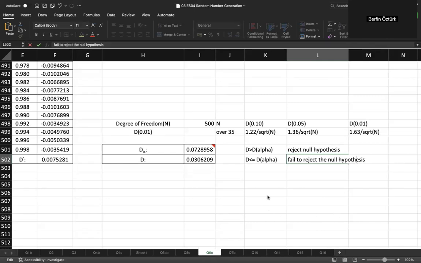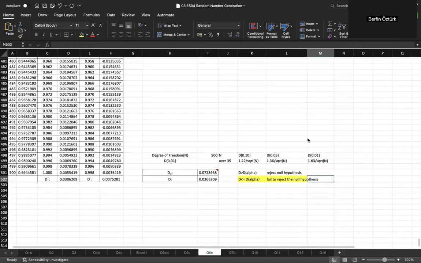So we are in this case, right? What does failing to reject the null hypothesis mean? We conclude that there is no evidence to reject the null hypothesis. So the random number sample may fairly come from a standard uniform distribution.